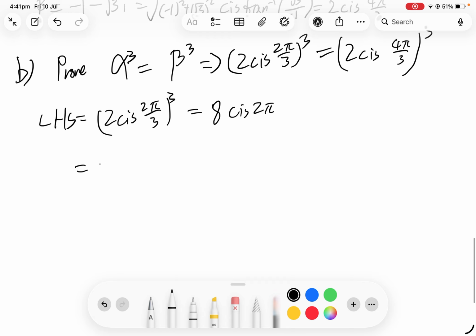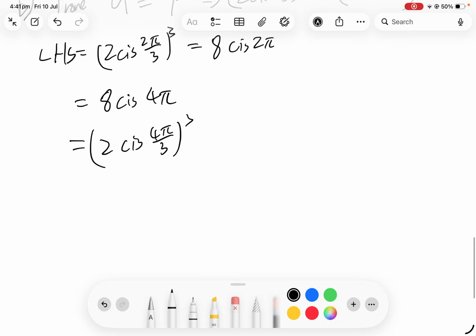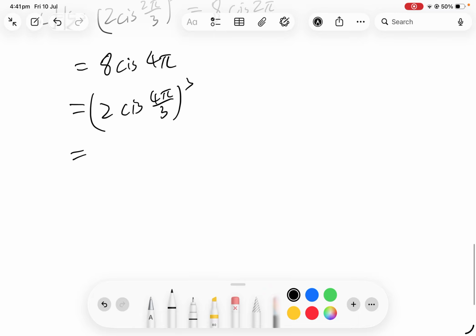And that's just equal to 8 cis, because we're going to get to this answer, we can just say it's 2 pi times 2, which is 4 pi. Because if you go one more rotation, it doesn't really do anything. And that is equal to 2 cis 4 pi on 3 cubed, which equals the right hand side, and we've proven it. Okay.